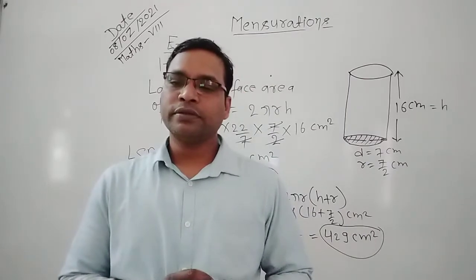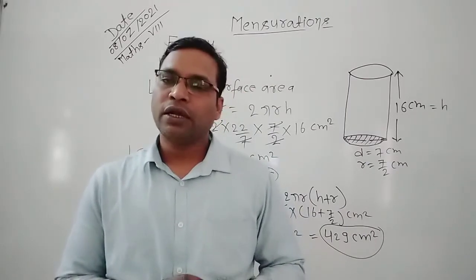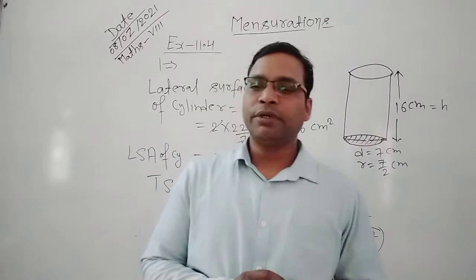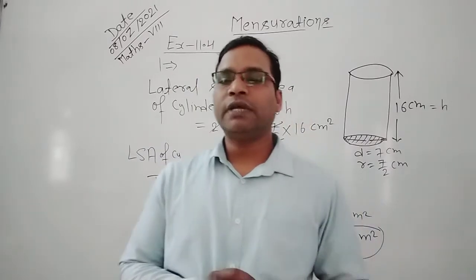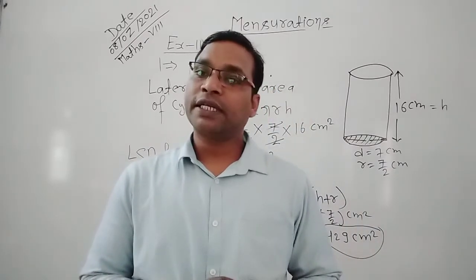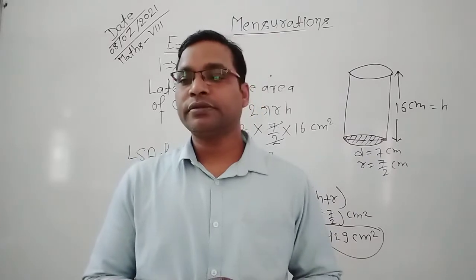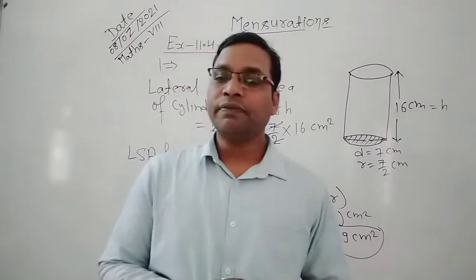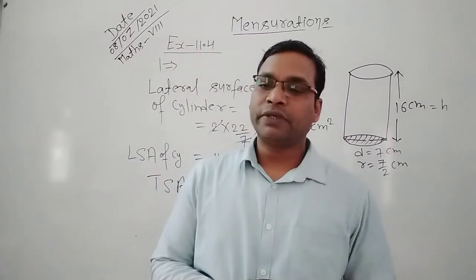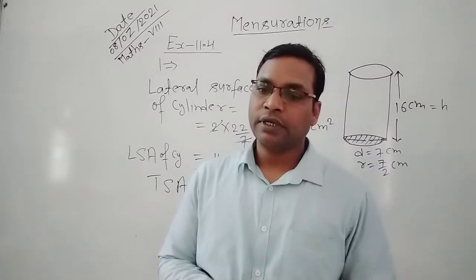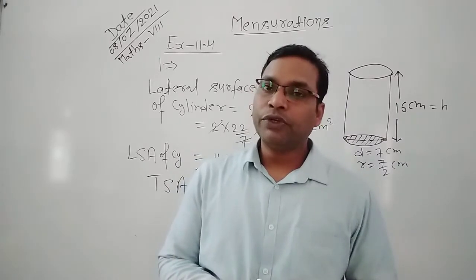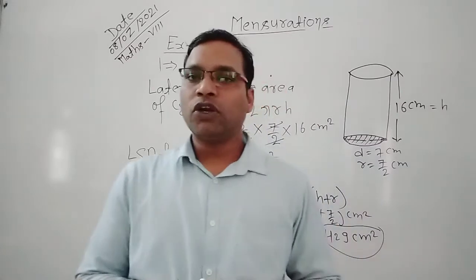So in this question, the TSA, total surface area of the cylinder, is given as 6512. The circumference of the base of the cylinder is also given, 88 centimeter. So we need to find the volume of the cylinder.